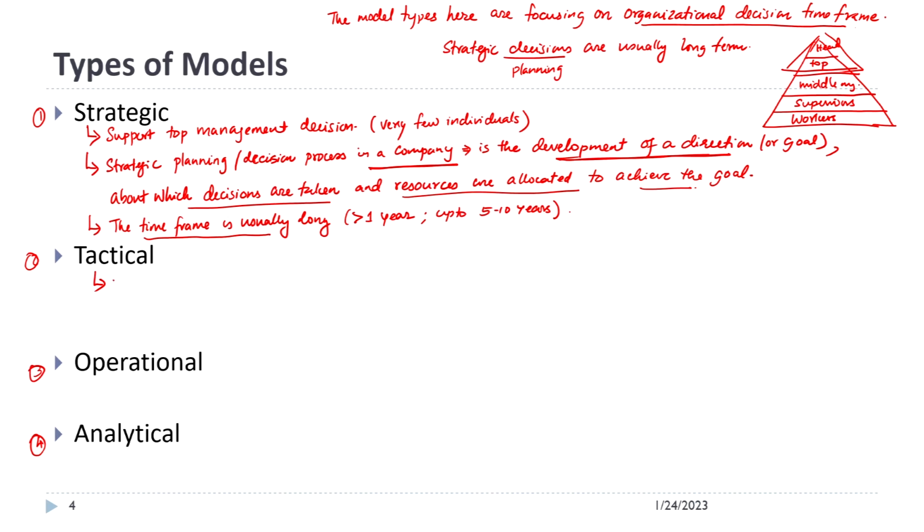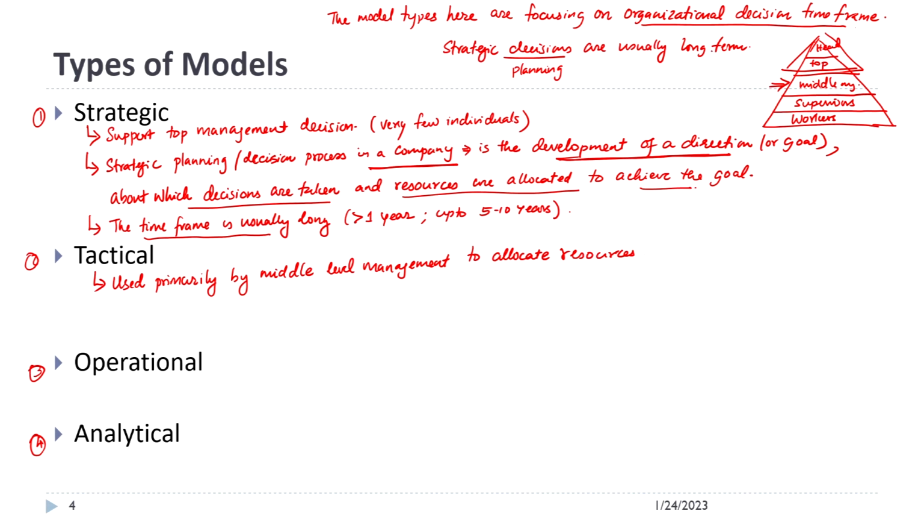Okay. So, this is used primarily by middle level management to allocate resources. As I said earlier, this is the middle level management. Okay.